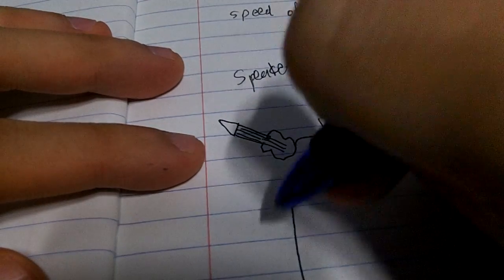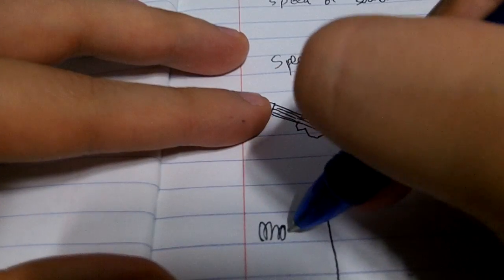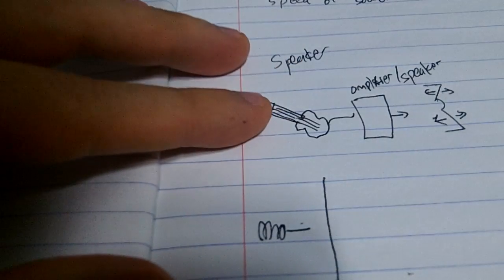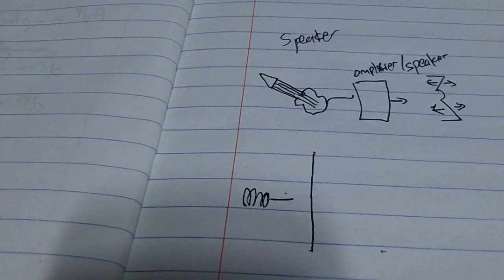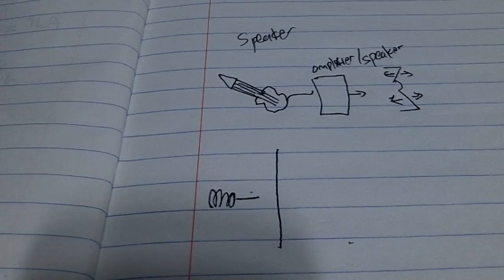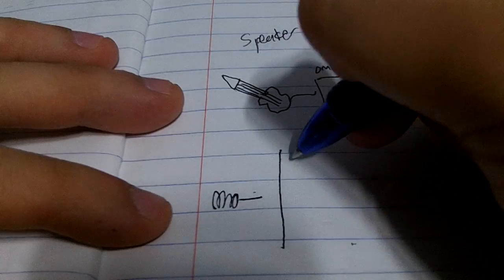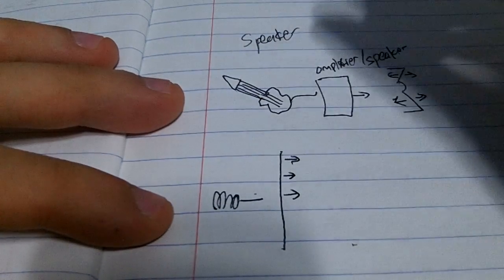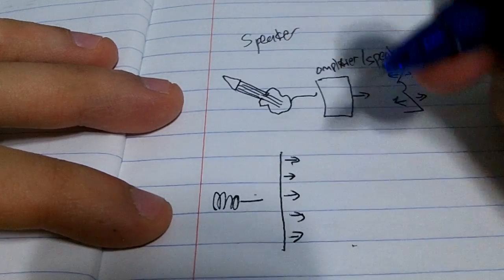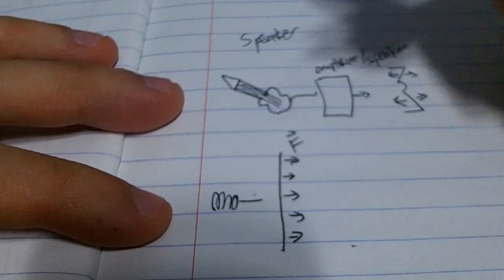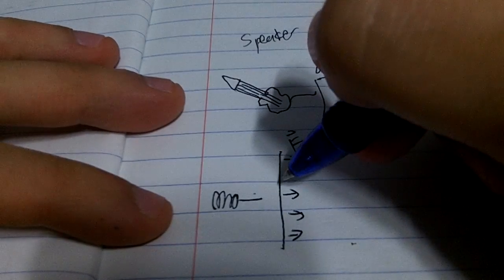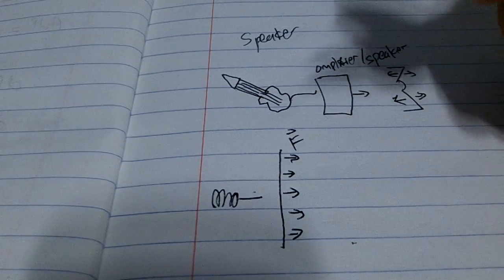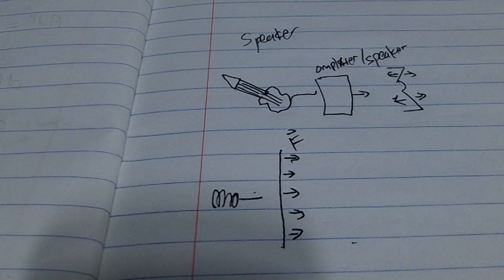Let's say you have a very simplified speaker system. You have some coils here. I don't know how that works exactly, and we're not going to be too concerned about that. But every time the speaker produces sound, there is a force being exerted on the surrounding air.